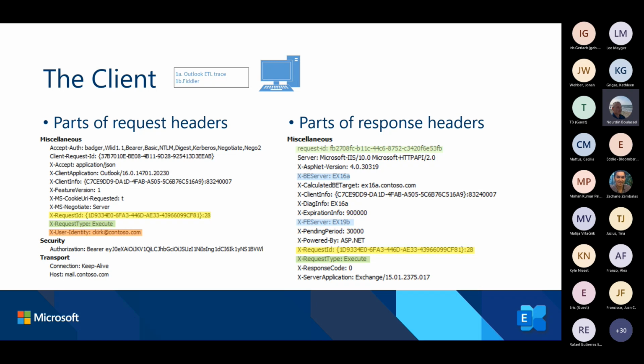So the next call would be 29, 30, and so on. Then you'd see the X request type, here an execute. These are the ones, the executes, I mean, that keep us busy doing something on the server side. And you'd also see the user identity, some chap called ckirk@contoso.com. And there's a lot of other stuff.